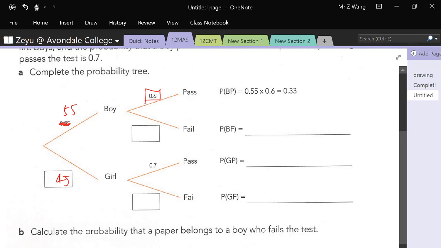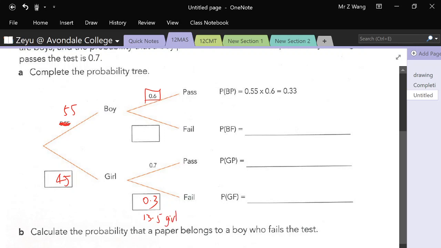What does that mean? Out of those 55 boys, 60% pass. This is exactly the same thing. So this 0.3 actually means out of those 45 people, only 13.5 pass.